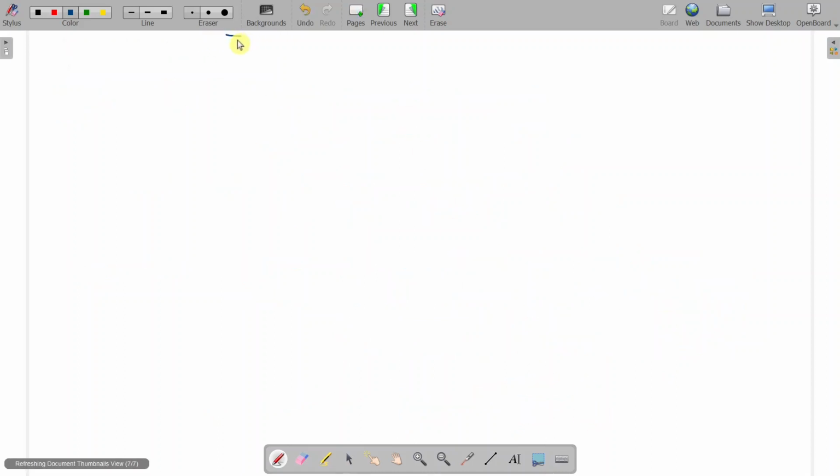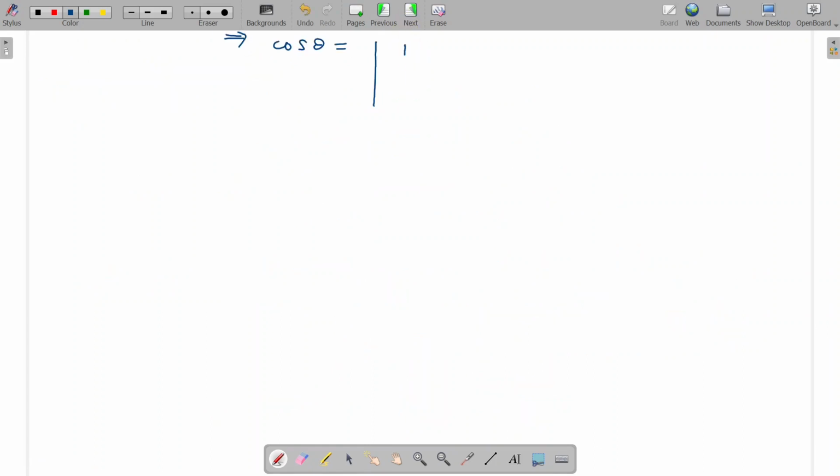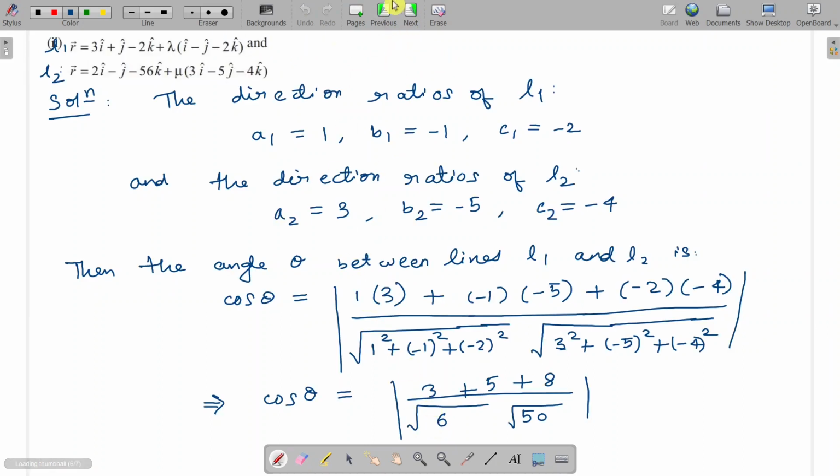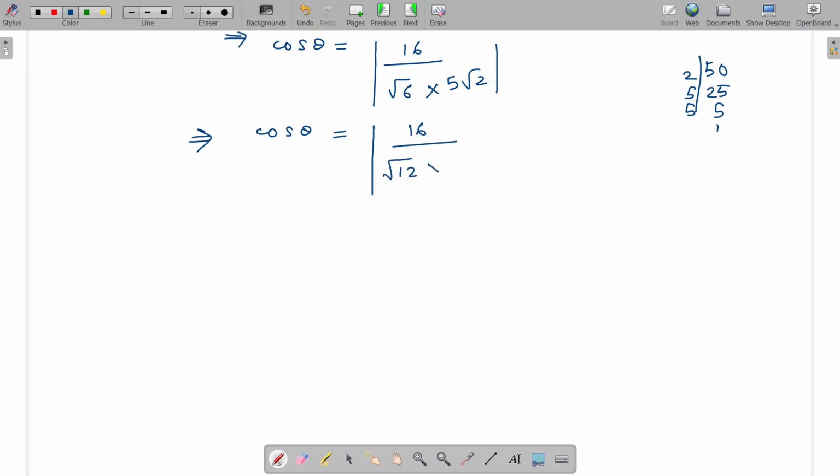So what we will get is cos theta is equal to modulus of 3 plus 5 is 8, 8 plus 8 is 16 divided by root of 6 into root of 50 we will find out. So root of 50 we have to find. 2 25s are 50, 5 5s are 25, 5 1s are 5, so this is 5 root 2, right? So this implies cos theta is equal to 16 by root 6 into root 2 will be root 12 into 5.